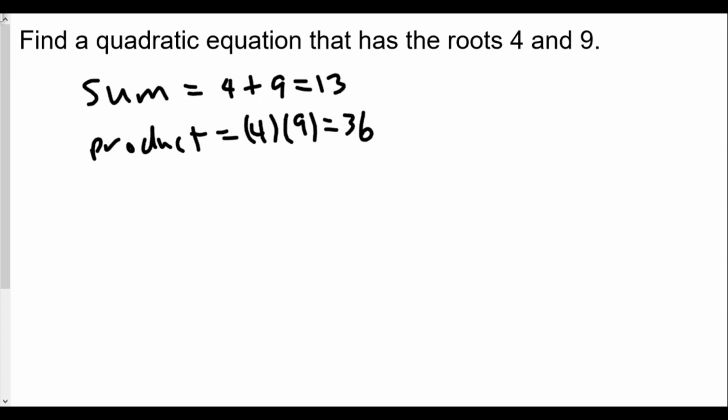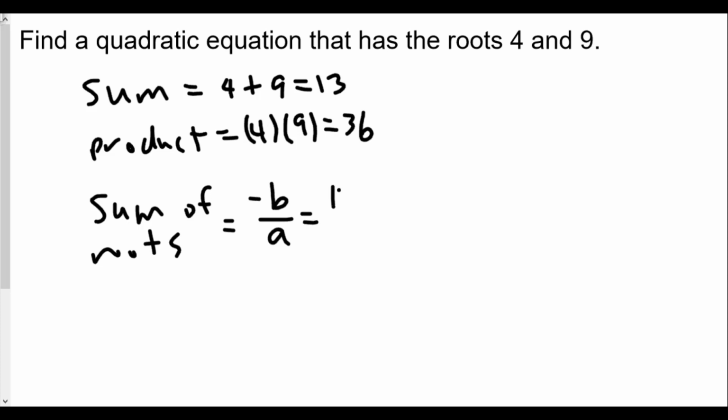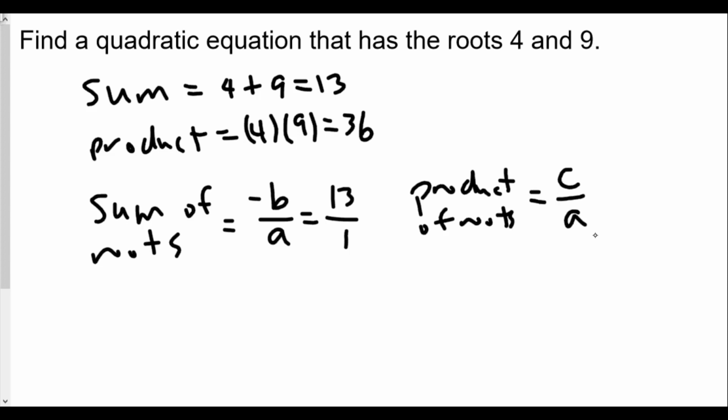So we say the sum of the roots is equal to negative b over a, and we found that to be 13 over 1. The product of the roots has the formula of c over a, and that's 36 over 1.